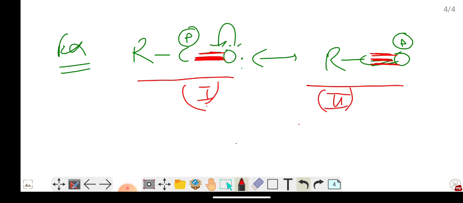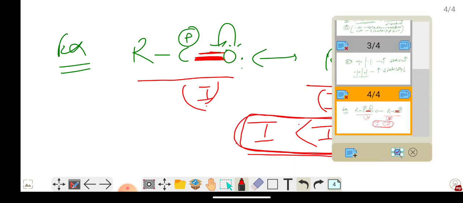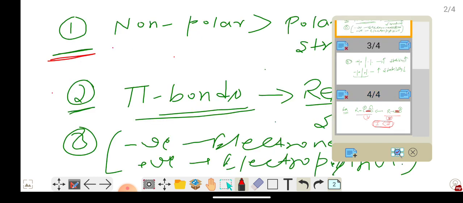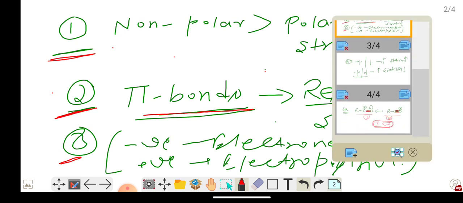So in this case, the second resonating structure will be more stable than the first. No need to apply the third and fourth rules, as we got the second rule: one structure has more pi bonds than the other.